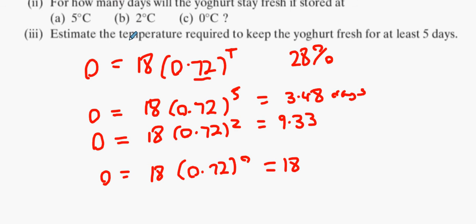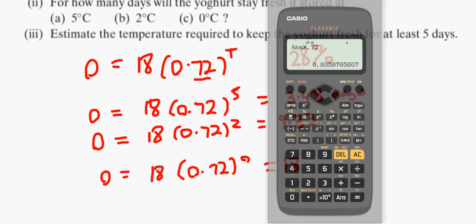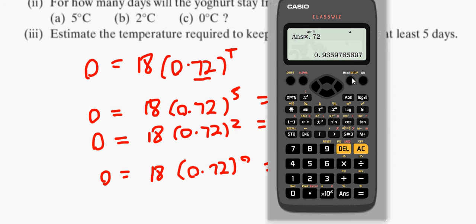Estimate the temperature required to keep the yogurt fresh for at least 5 days. All right. Here it is. Ready for this? Go back to your table function. Oh, we need logs for this, but anyways, we'll give it a go. 18 times 0.72 to the power of x.